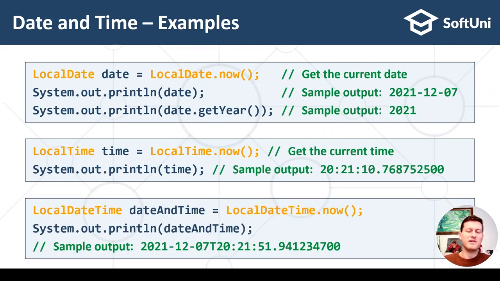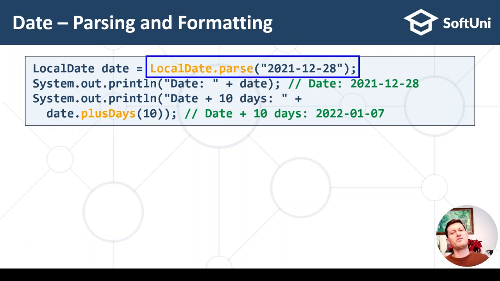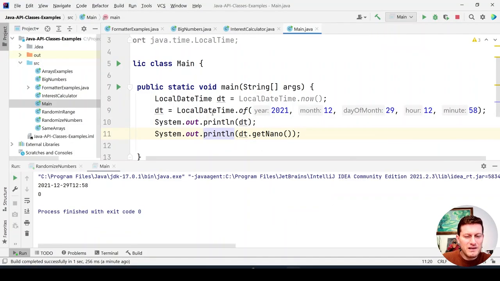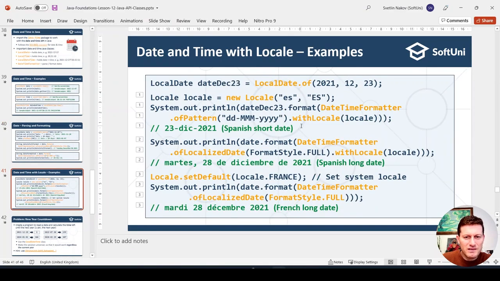I have already demonstrated this, so let me show you how we can parse. You know what parse means. Parse means to transform from a string to another type. For example, parsing an integer transforms a string value to an integer. Parsing a date transforms a string value, like this one, into a date. I'll just copy the example because I don't want to write it.